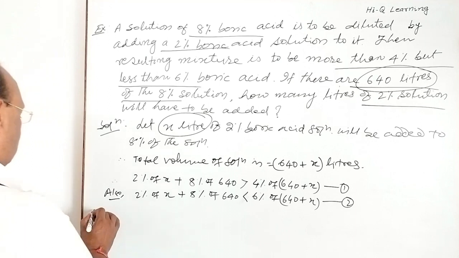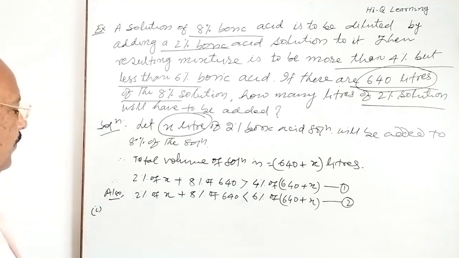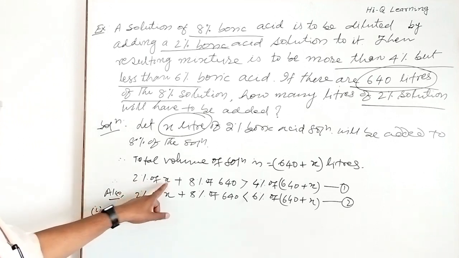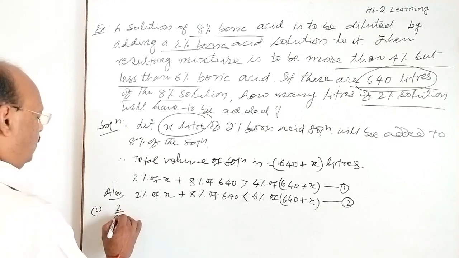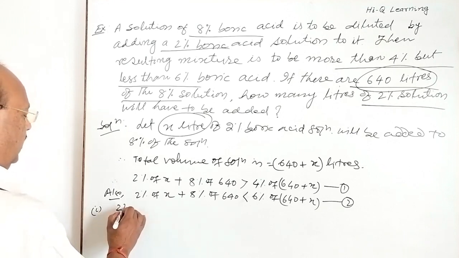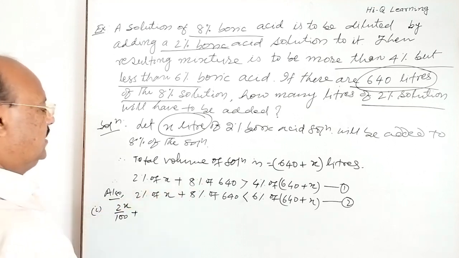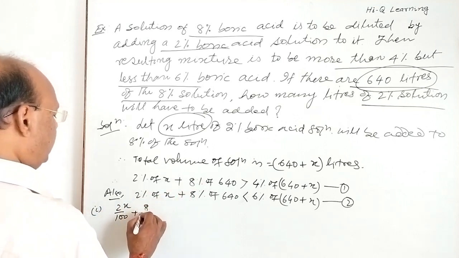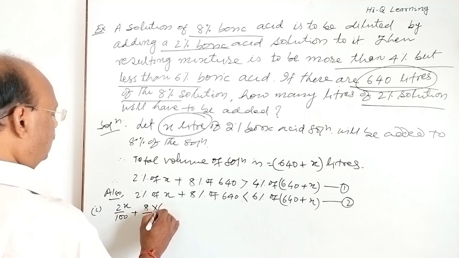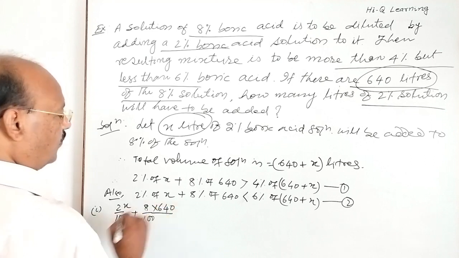Now let us proceed with case number 1. 2% of X means 2 by 100 into X, plus 8% of 640 means 8 by 100 into 640.